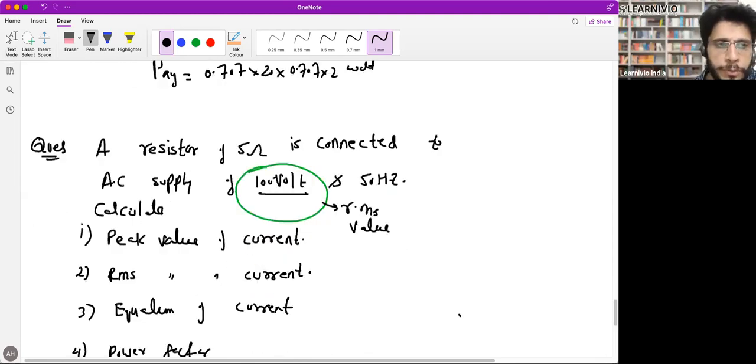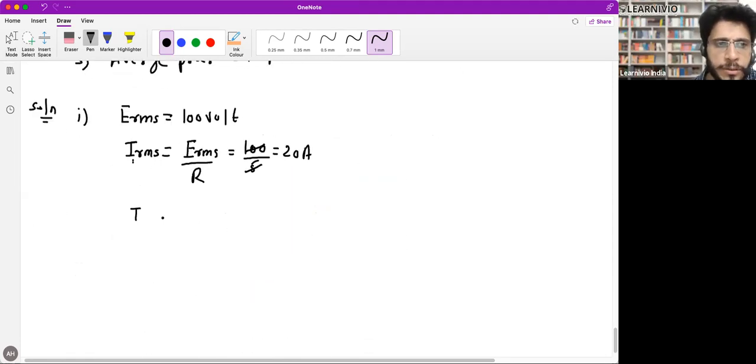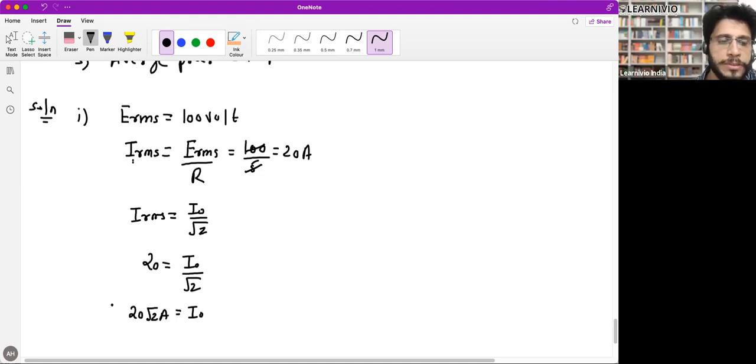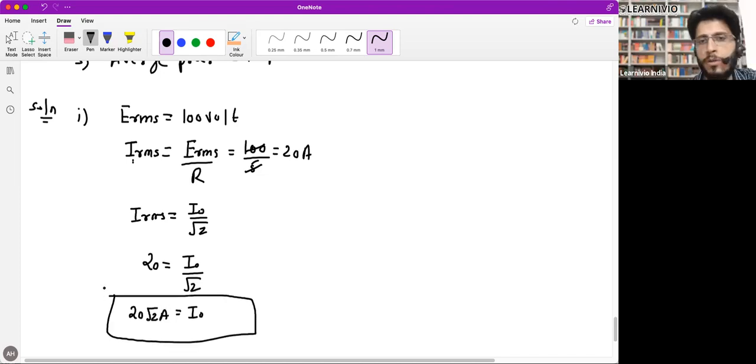So you can use the simple relation. IRMS is I naught by root 2. You can write this as 0.707, 1 by root 2 is 0.707. It's your choice. You want to multiply by root 2 or you want to multiply by 0.707. So you can substitute the values there. IRMS is 20 is equal to I naught divided by root 2. So you can write that I naught is 20 root 2 ampere. This is the peak value of AC current, 20 root 2 ampere.